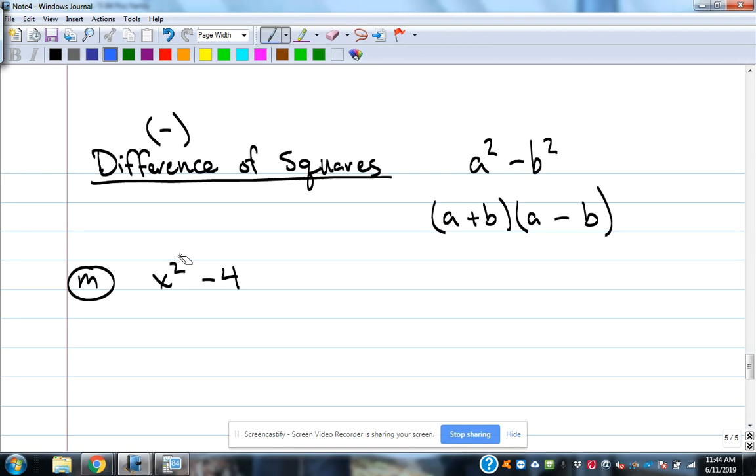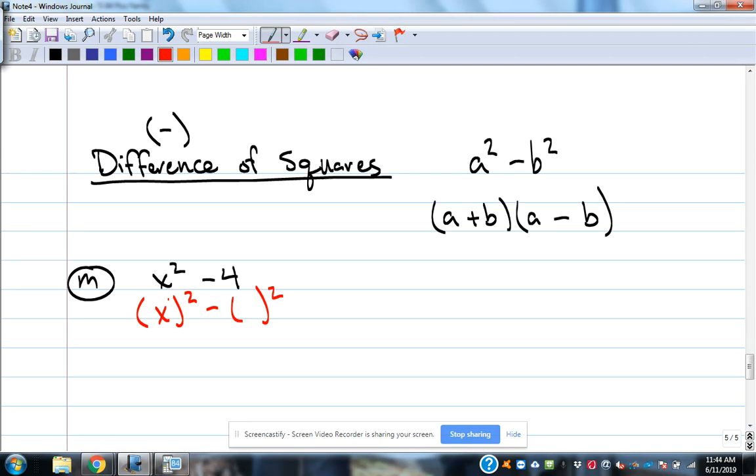So the idea is to rewrite the problem as 2 squares. I'm going to try to rewrite it as something squared minus something squared. If I can do that, then I can take this little shortcut here. Well, what squared gives me x squared?